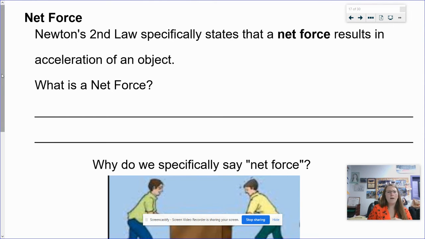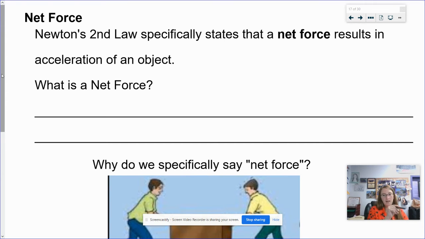Okay, so let's go back to what we were talking about, Newton's second law, where we're using the term net force. Now, if you have a net anything, hopefully you know that that means after comparing your positives and your negatives. If you're talking about your net pay for your paycheck, that's your pay after all your taxes are taken out.